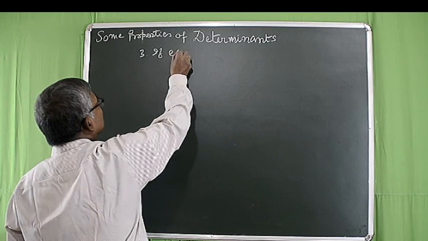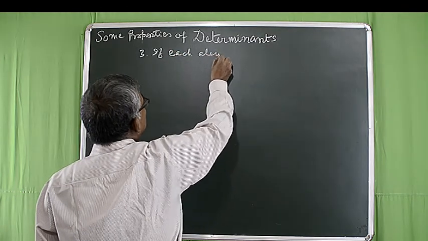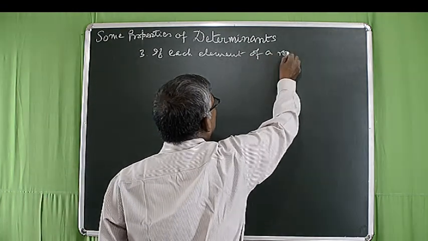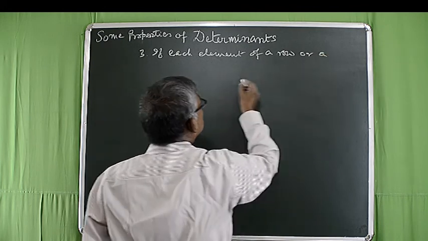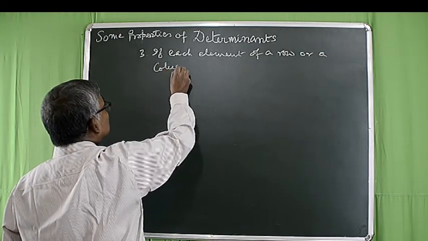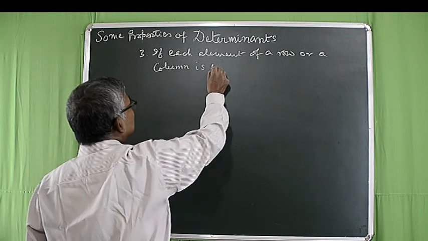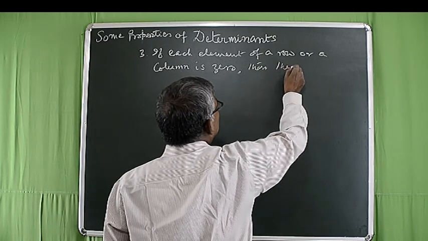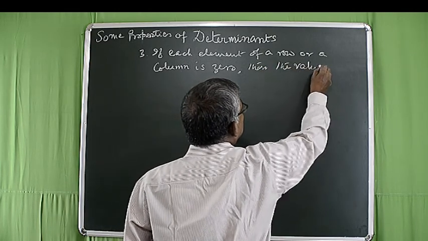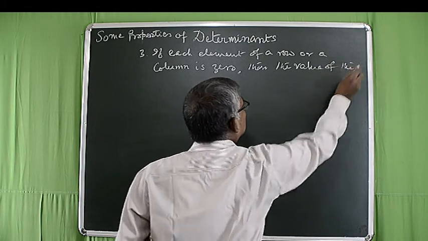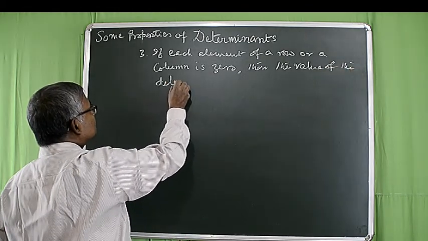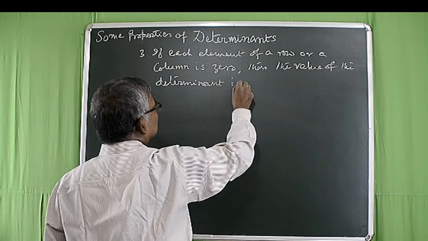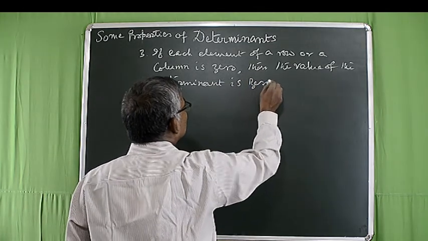If each element of a row or a column is 0, then the value of the determinant is 0.